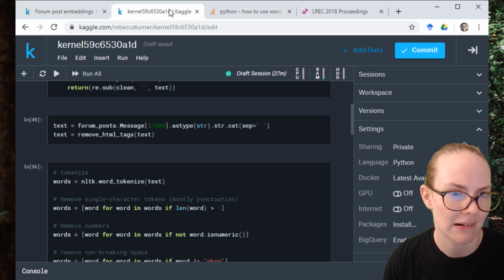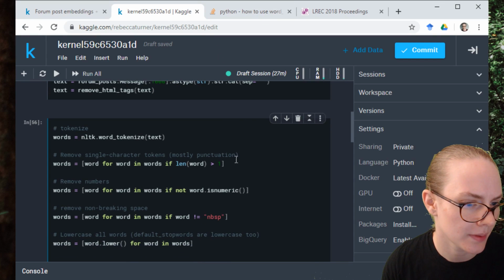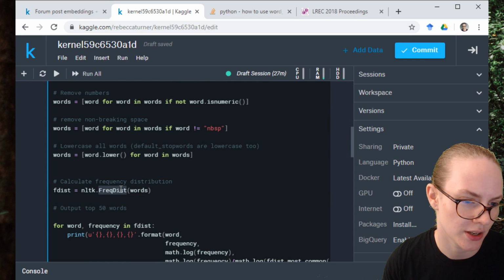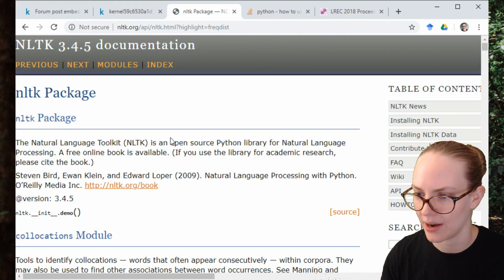Let's check frequency table. Let's see. Frequency distribution, and really quickly see if it'll take other types of data types as input, because if it will, then we can use one of those data types instead of one huge string.